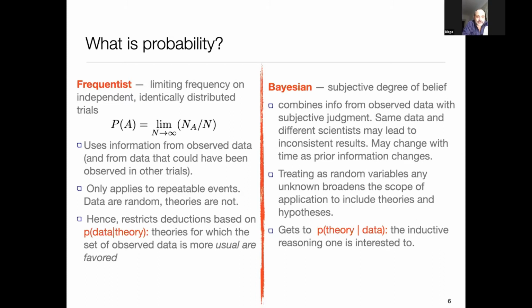You get the probability of a theory given the observed data, which, if you think about it, is exactly what you would like to have for any of your statistical problems, because you observe some data and you want to know what's the probability that my theory is right, or that my neighbor's theory is right, etc. So this is the inferential reasoning we would all be interested in, and frequentists give up on this because it doesn't apply to processes that are not repeatable, like theories, but Bayesians use it.